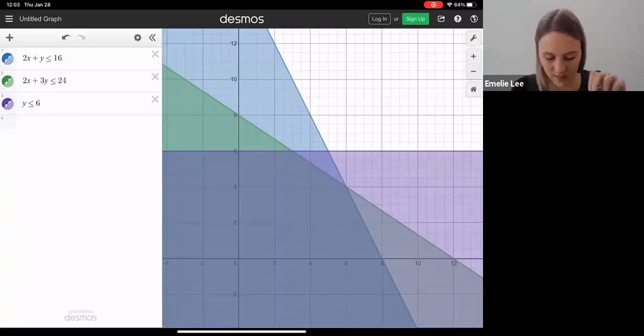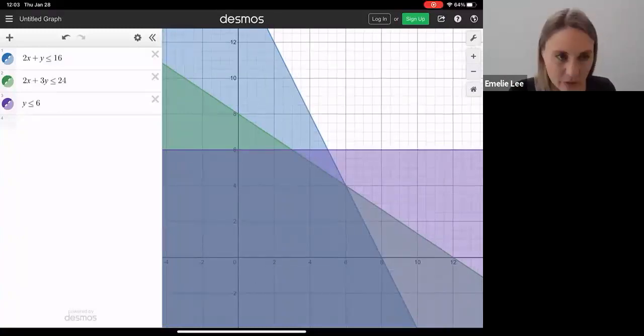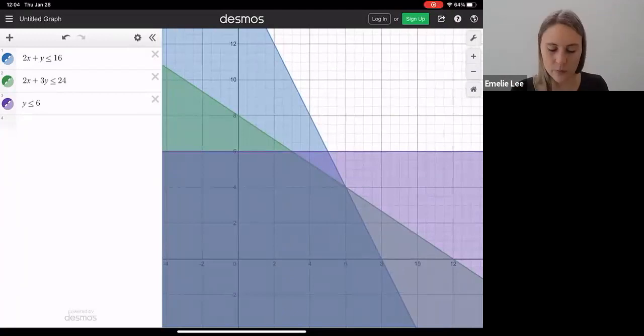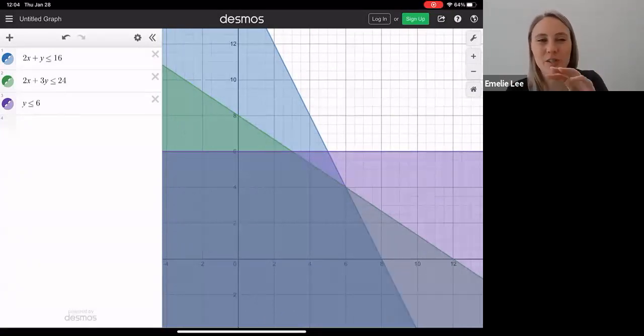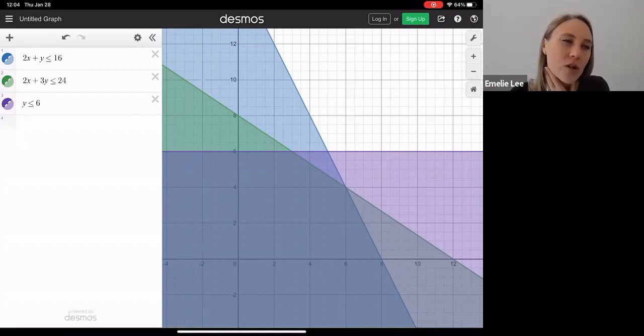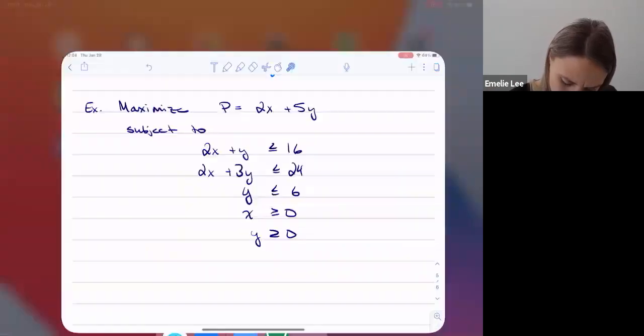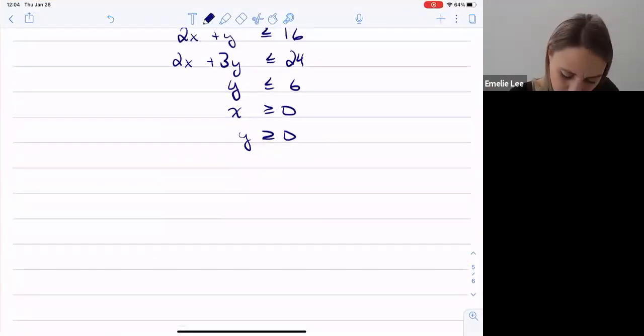So you start at the origin, 0, 0, and then you bloom out until you hit your first line, and then that's where you stop, and then we're restricted by all those lines. So I'm gonna try to copy this into our notes.